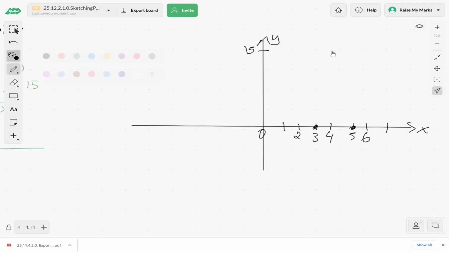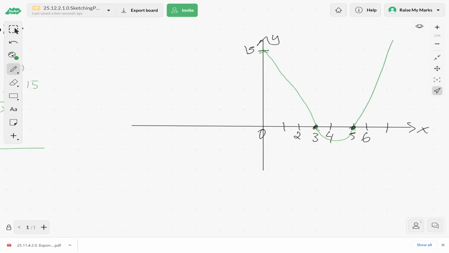And now let's try and join these points. Not pretty, but it pretty much sums up what it looks like. So we're going to get some sort of parabola that looks like this.